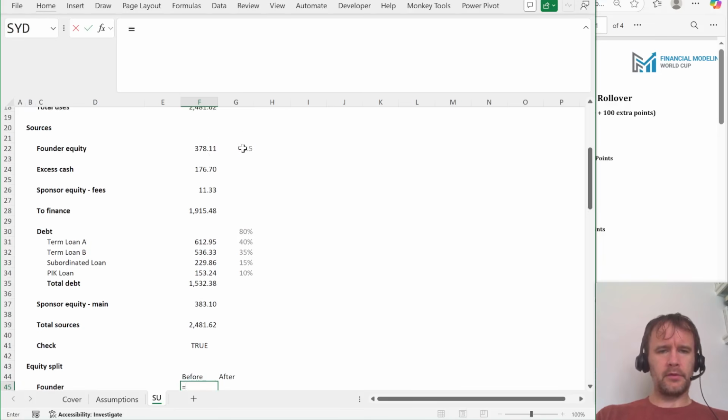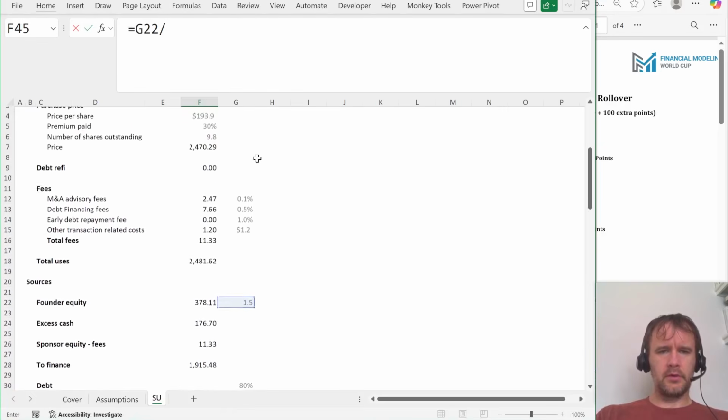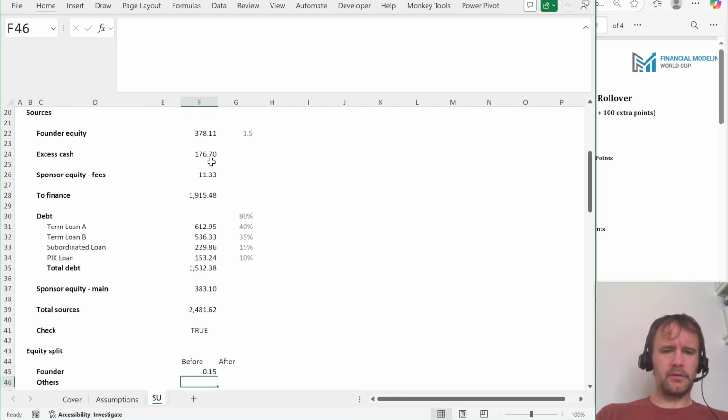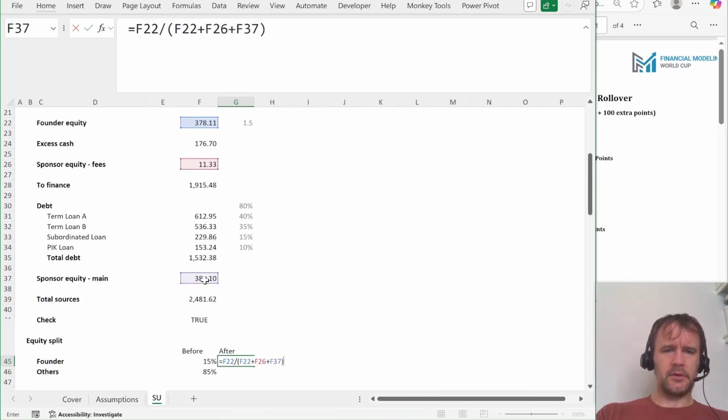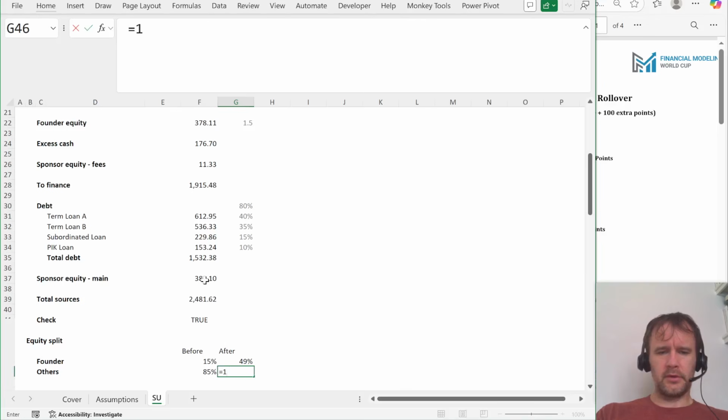So before, it's that over the 9.8 outstanding, which is 15%, and others is 1 minus that. And then after is the founder equity divided by founder equity plus sponsor equity plus other sponsor equity, which is 49%. And again, sponsor share is 1 minus that.